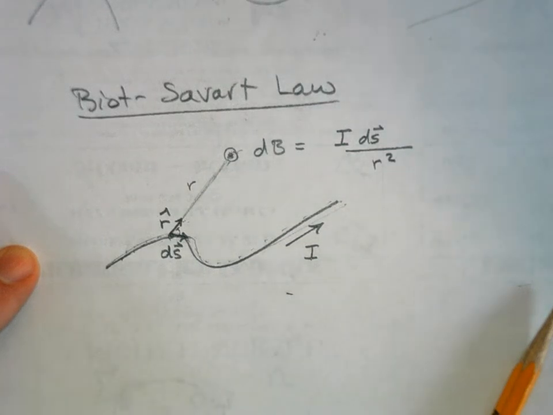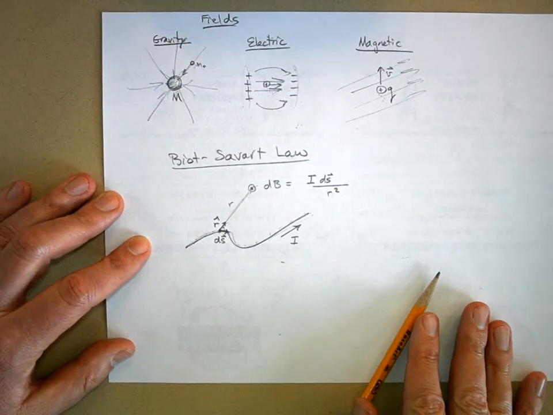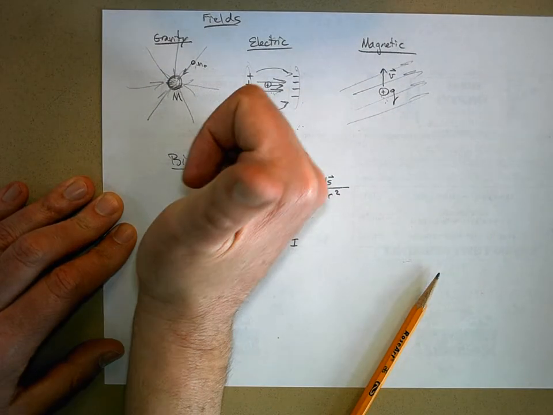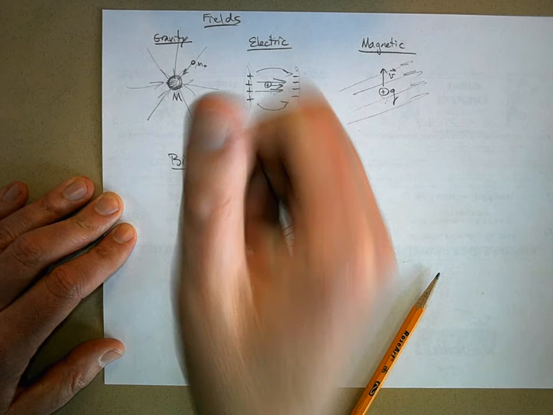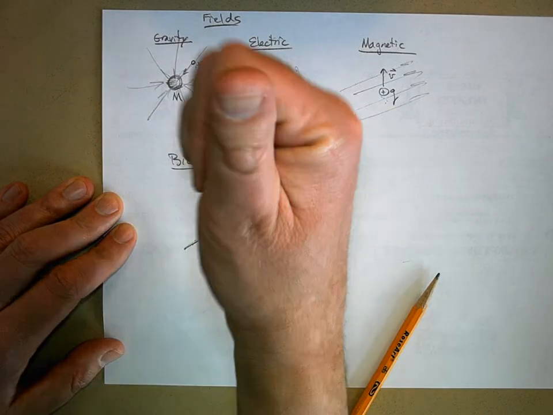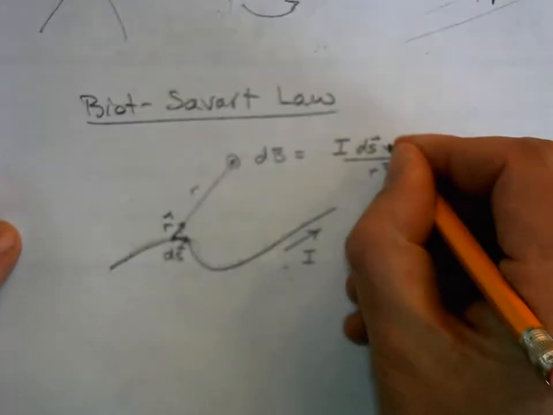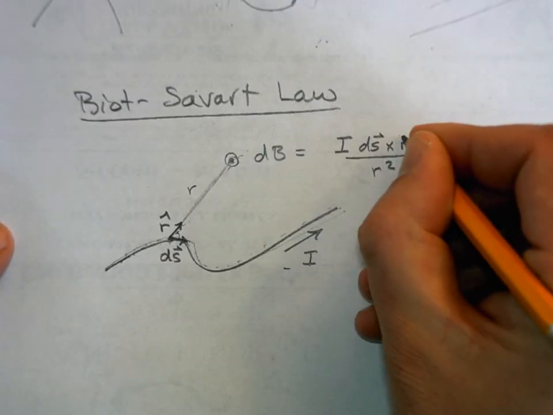Let me zoom out so my hand isn't so big. I'll zoom back in a minute. But I go ds cross over to r, it's out. So this is coming out of the paper. So we go cross r hat right here.